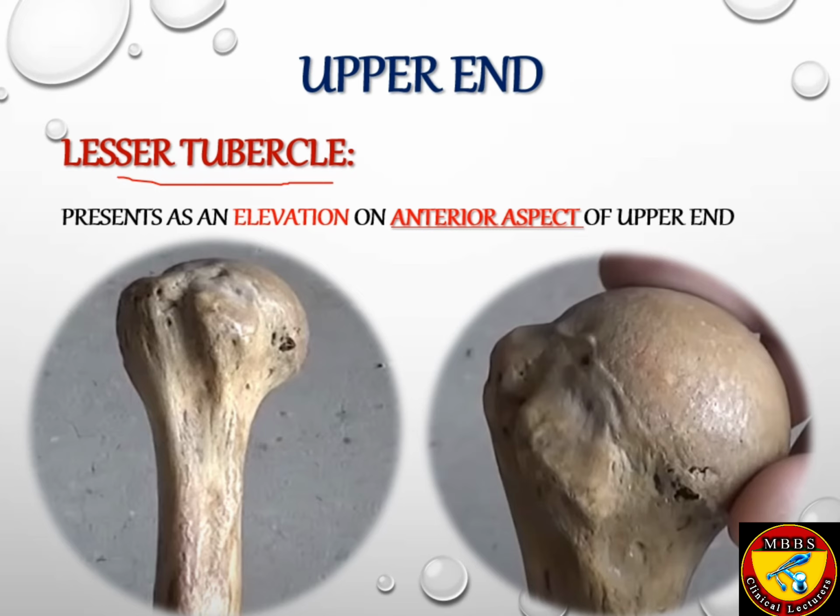Lesser tubercle. It is present as an elevation on the anterior aspect of the upper end. This is the upper end, and this is the anterior aspect, and this is the lesser tubercle towards the medial side.